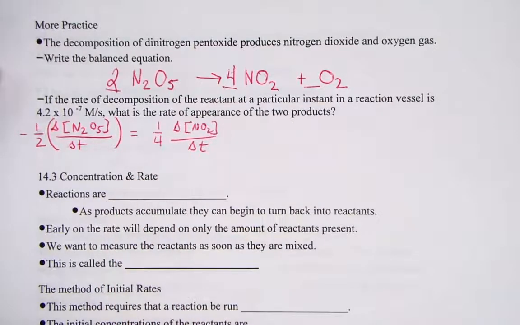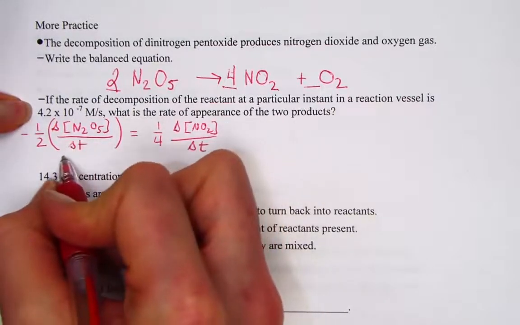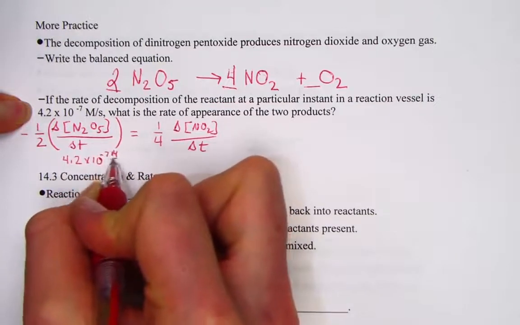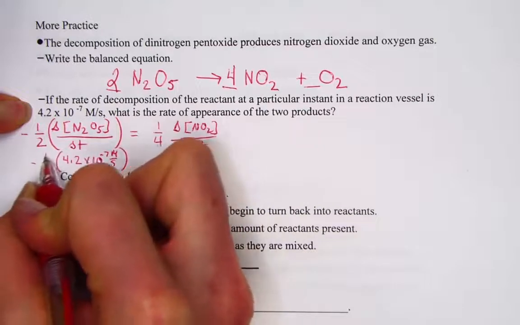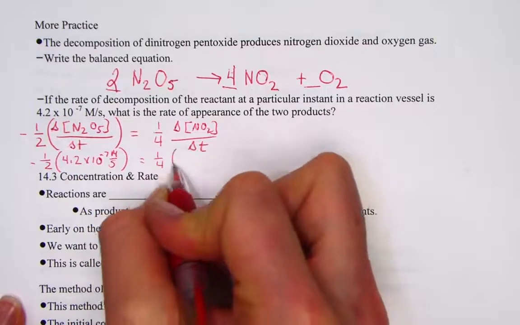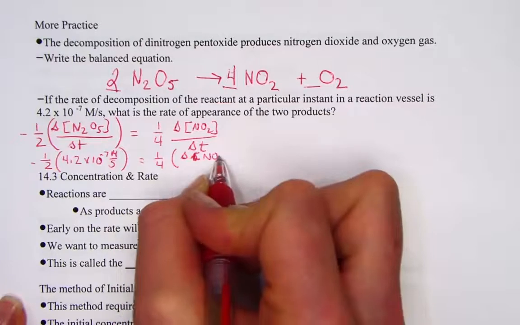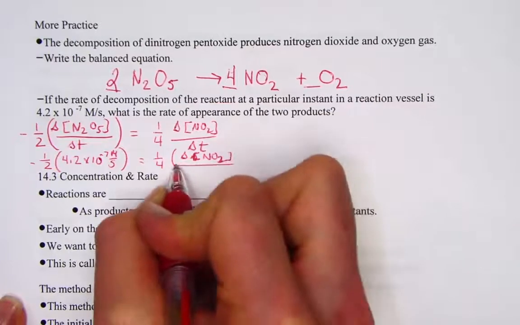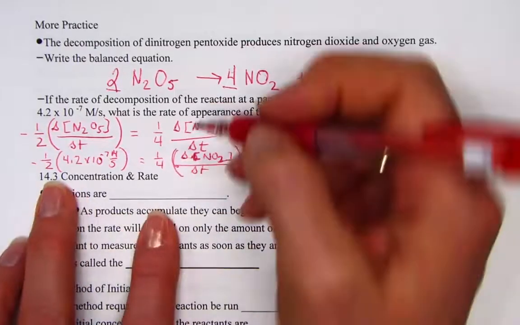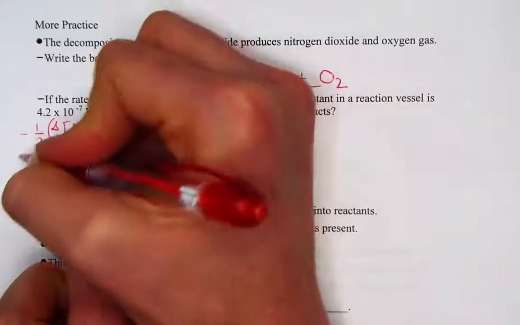They're letting us know that the reactant is decomposing with a rate of 4.2 times 10 to the negative 7th molar per second. Let's pull out this expression, the change in concentration of NO2 over the change in time. If we'd like this side by itself, we'll need to multiply both sides by 4.